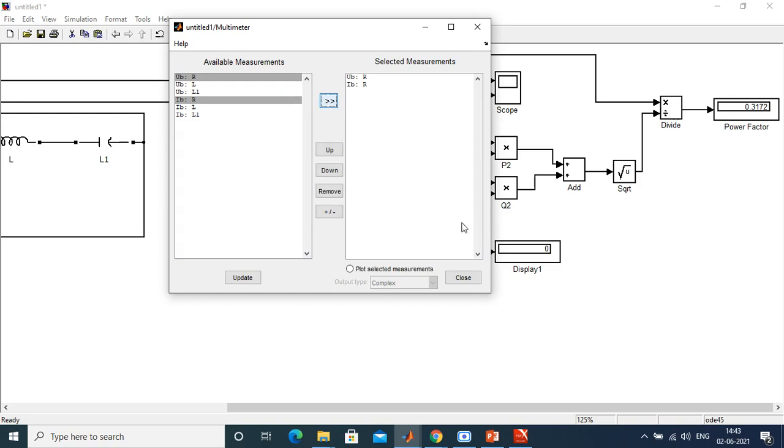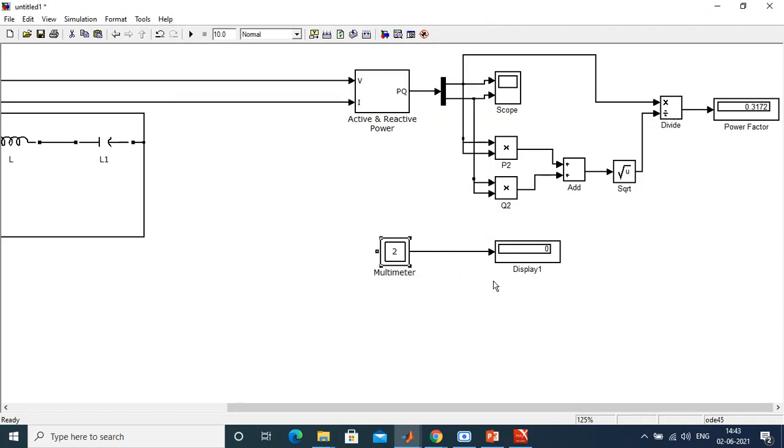Now here one more thing you observe, plot selected measurement. See here, if I select this one and run this, automatically a plot will be generated. This is very important. You can easily generate the plot from the multimeter also.